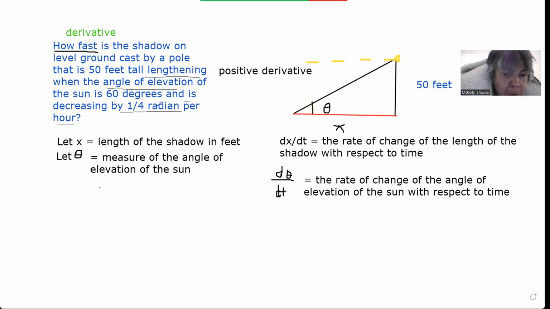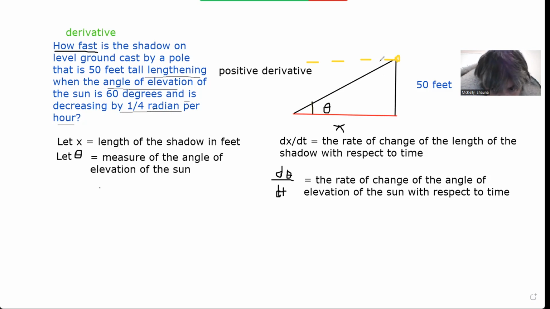Okay, so here I've got the shadow length is getting longer as the angle diminishes, as it gets smaller, as the sun goes down, gets closer to the horizon, this angle gets smaller, okay?